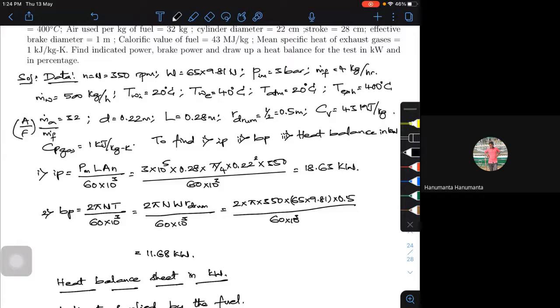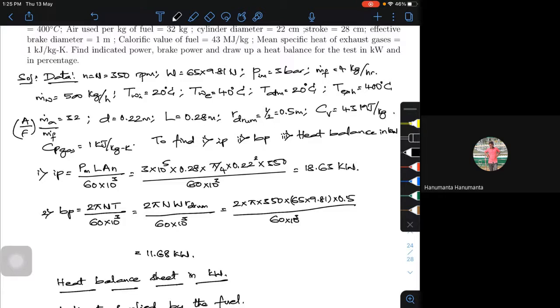So if the air to fuel ratio is 32, what is the mass of air? The mass of fuel is given as 4 kg per hour. So mass of air is 32 times the mass of fuel. The mass flow ratio is given as 32, so I can easily find the mass of air, which is 32 into 4.